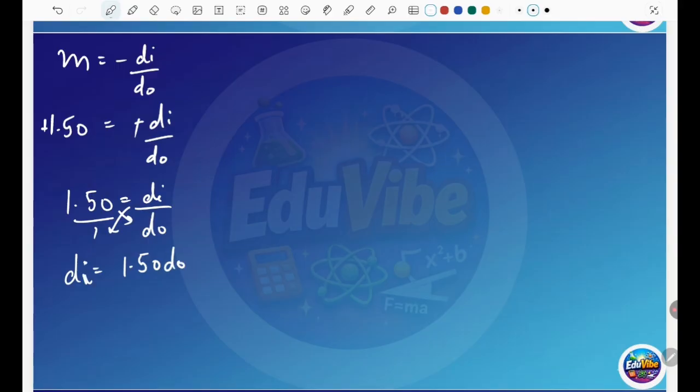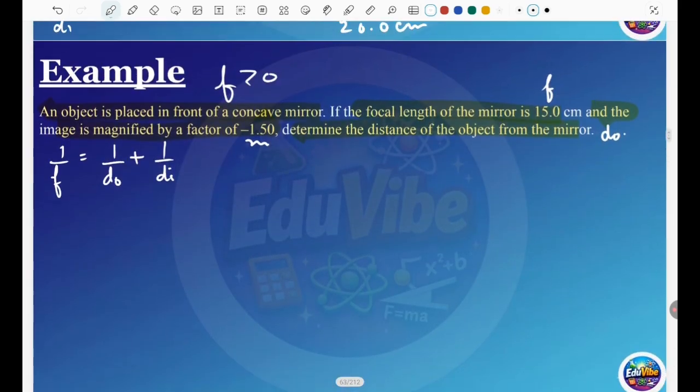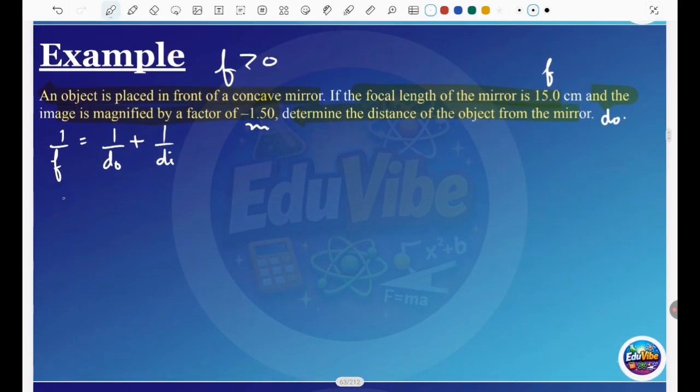If you put this in this di, you will get something. The focal length stays the same. DO is not given to you. You have to find this. Plus DI is 1.50 DO. So you do this in your math, that you get the common denominator.